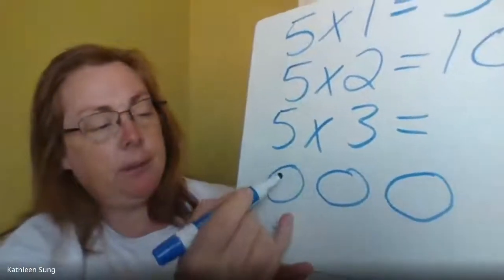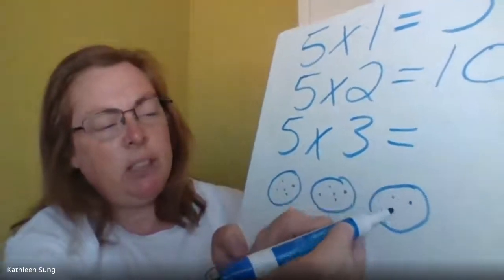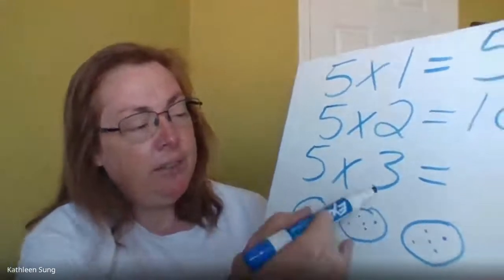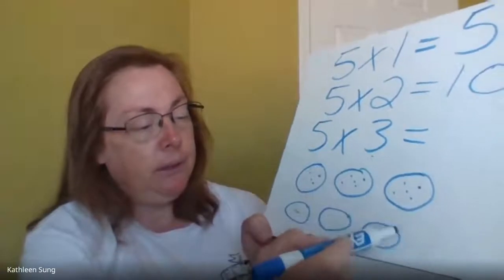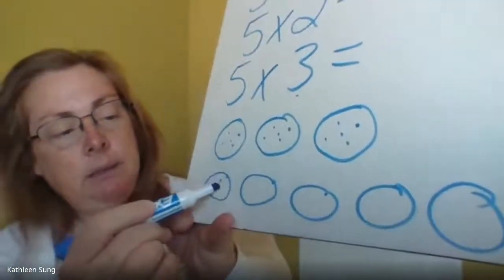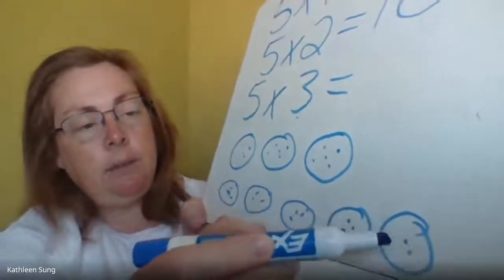I'm going to have 3 groups of 5. 1, 2, 3, 4, 5. 3, 4, 5. I know my cookies got smaller, right? All right, so we have 3 groups of 5, or I can have 5 groups of 3. So 1, 2, 3, 1, 2, 3, 1, 2, 3, 1, 2, 3.